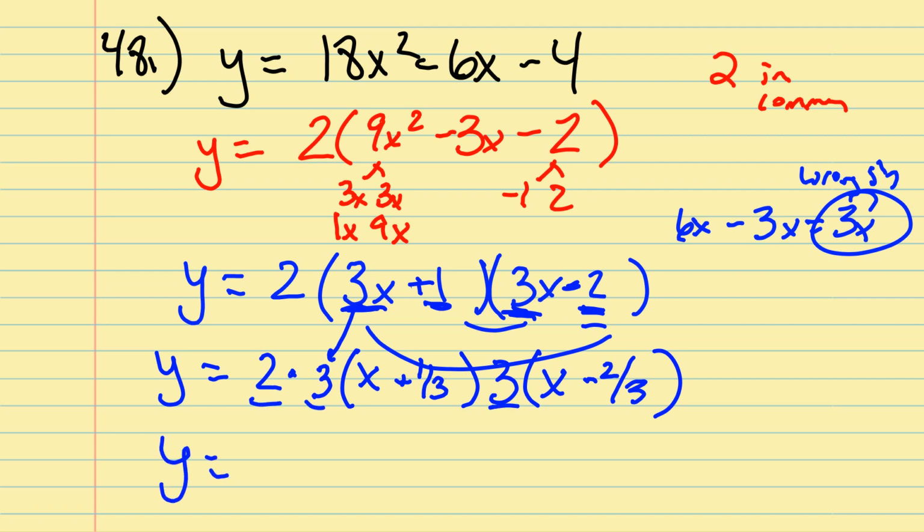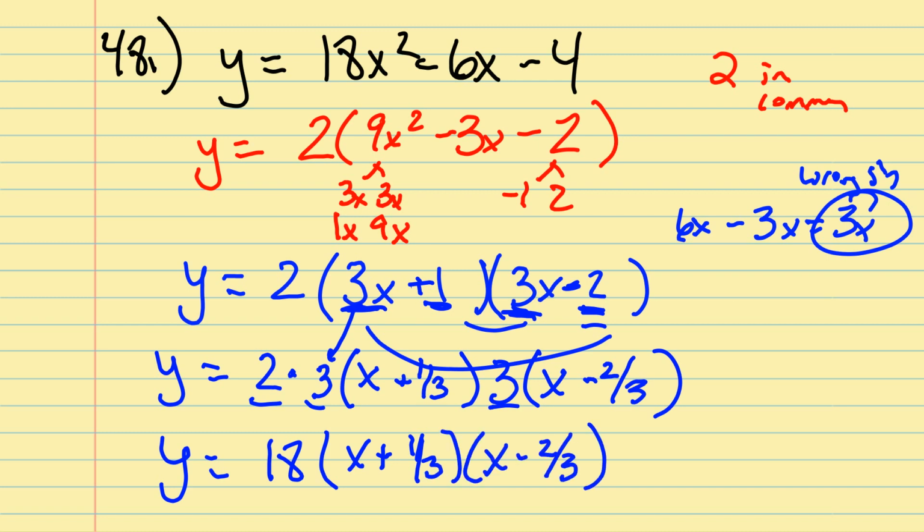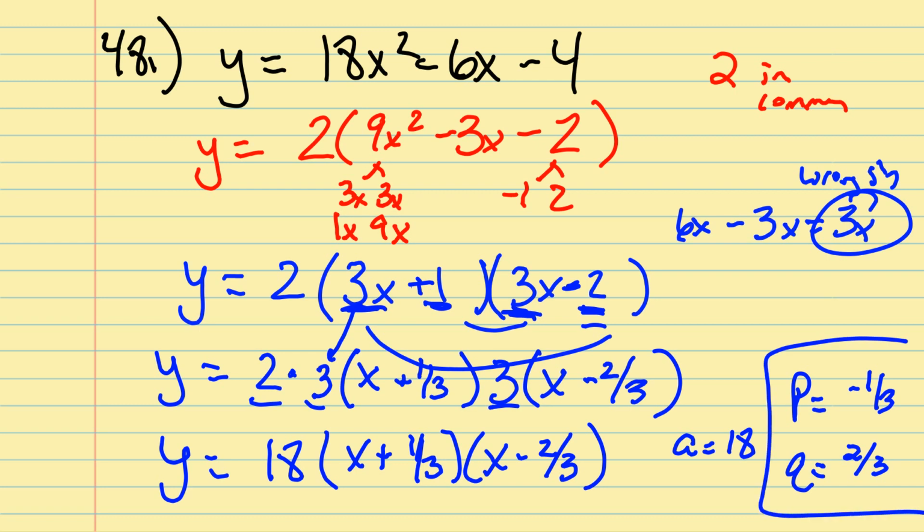So I get y equals 2 times 3 is 6 times 3 is 18. x plus 1/3, x minus 2/3. So therefore I have a is 18, p is negative 1/3, q is positive 2/3. And that's it for 48.